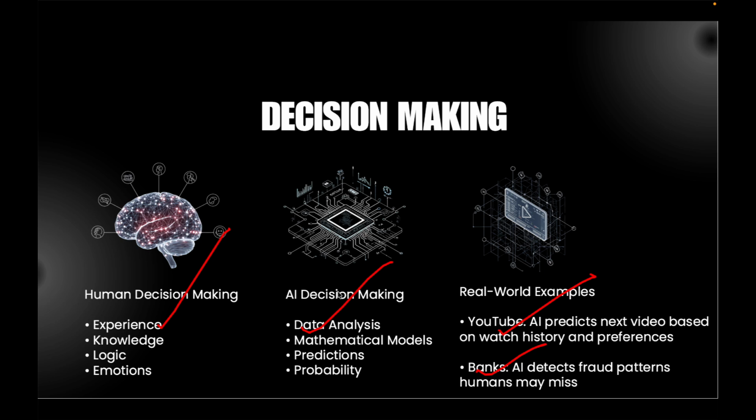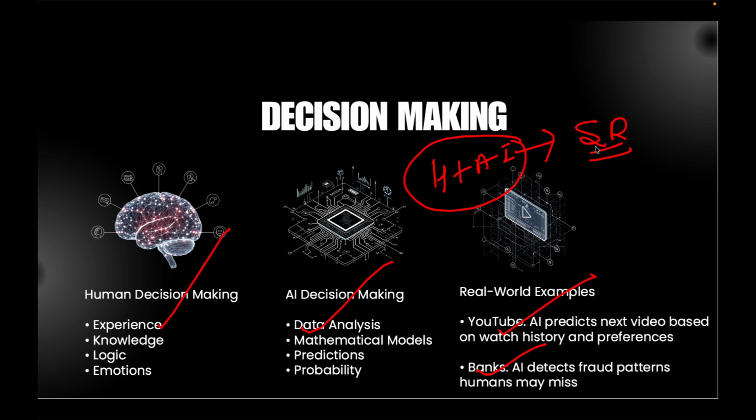When humans and AI work together, decision making can become faster, smarter, and more accurate. Humans bring creativity and emotions. AI brings speed and accuracy. So humans and AI together can make a smart decision.